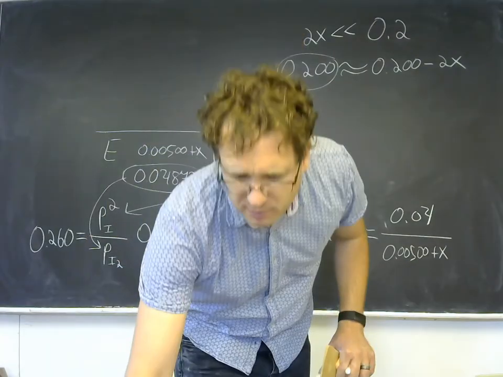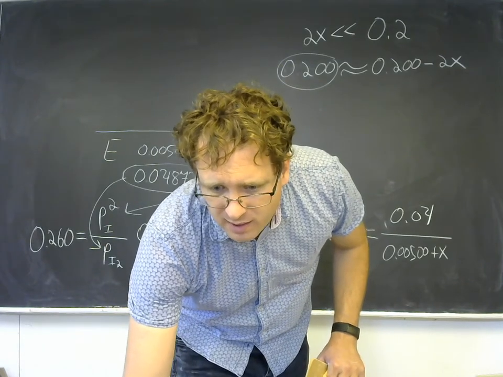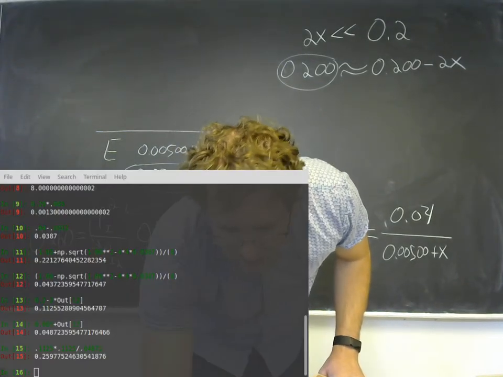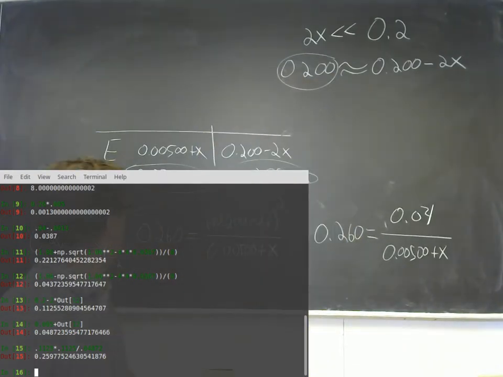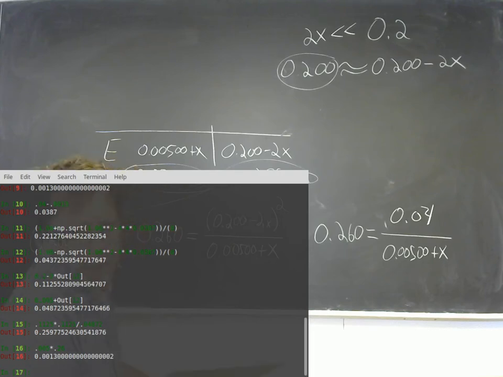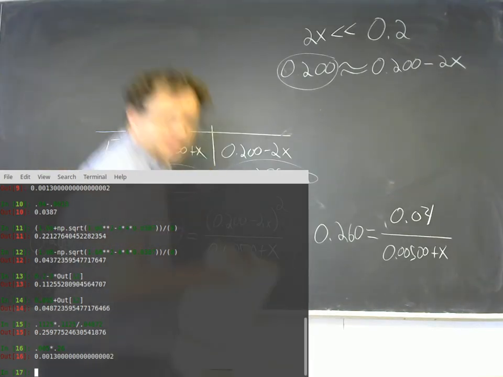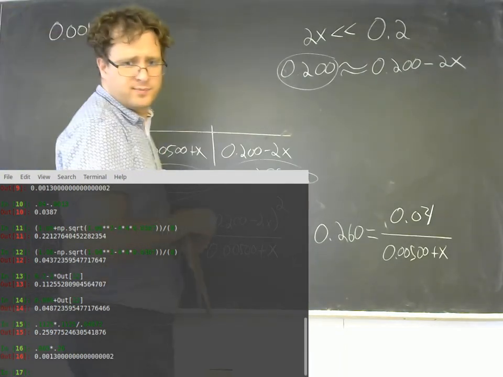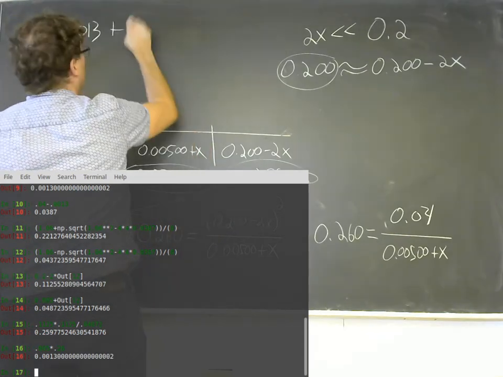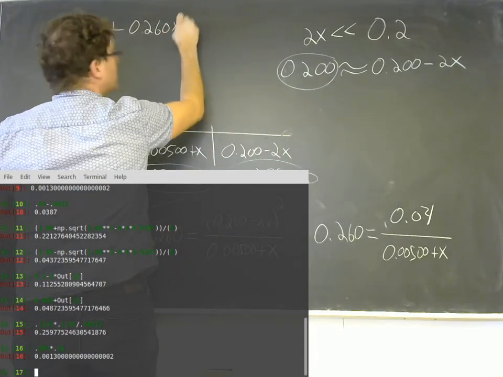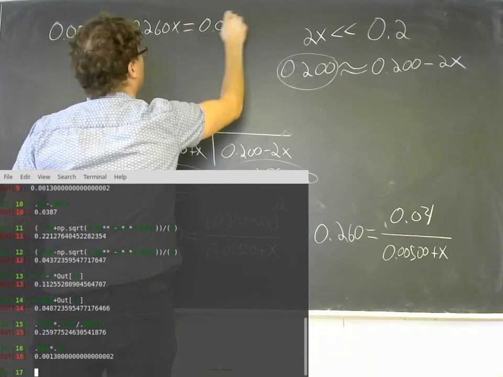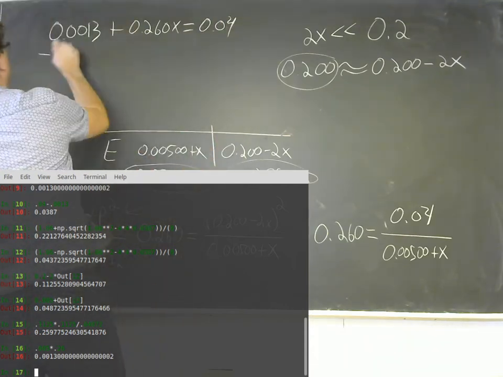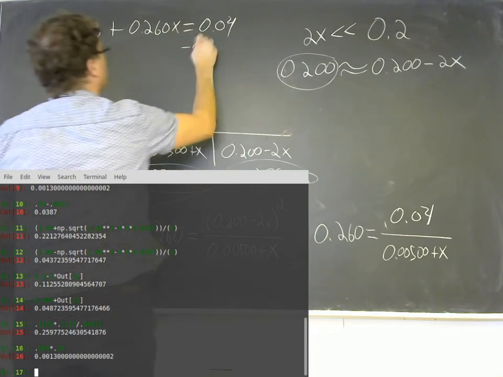We've already done this, but I forgot. What is 0.005 times 0.26? So we're going to end up with a much simpler formula here. 0.0013 plus 0.260x is equal to 0.04. And so I'll subtract 0.0013 from both sides.